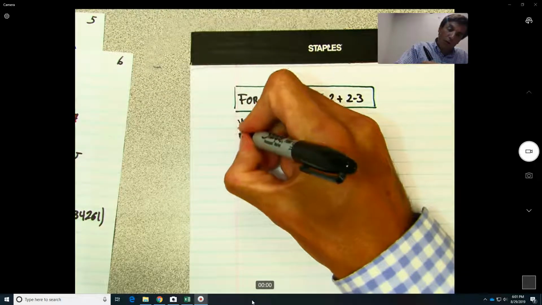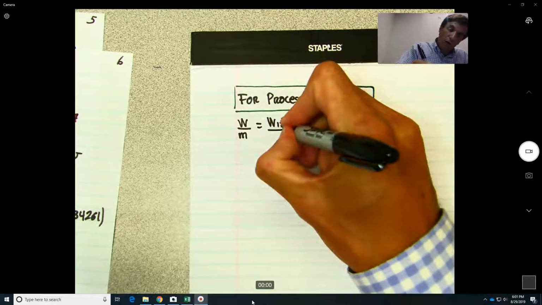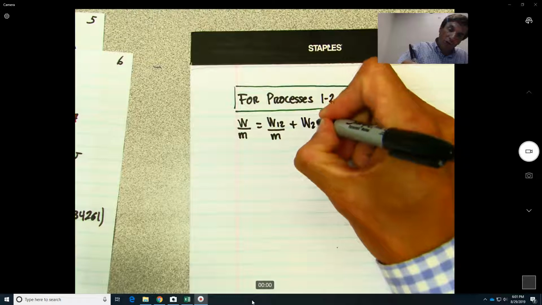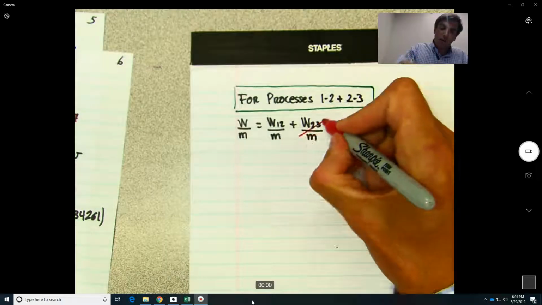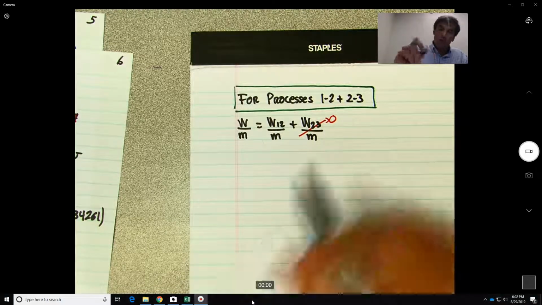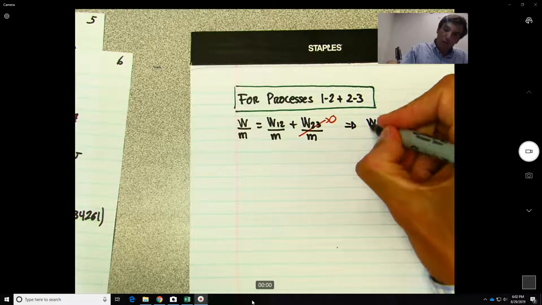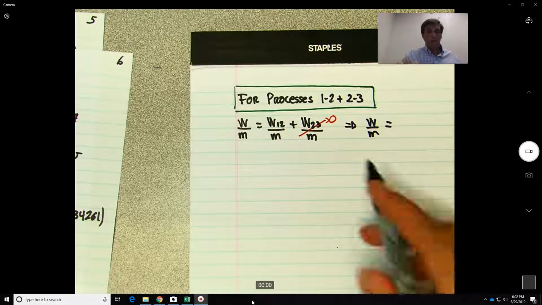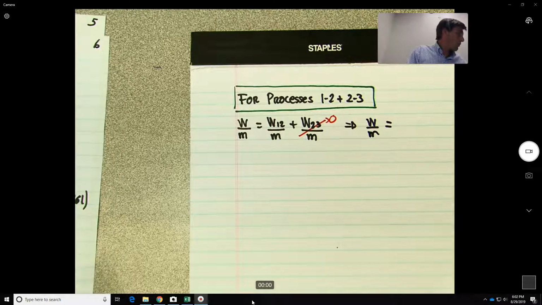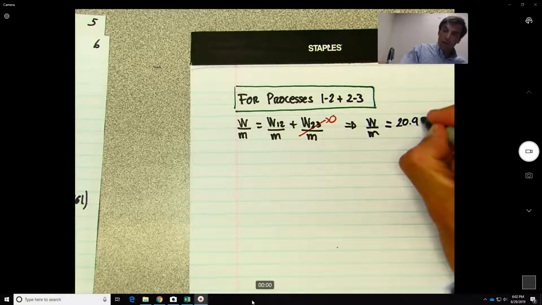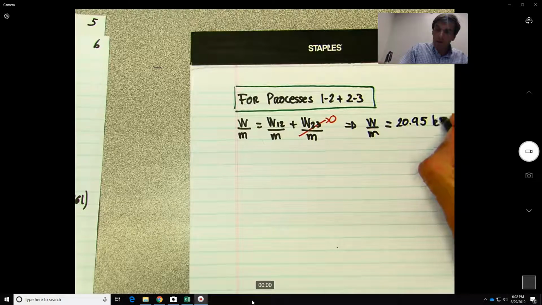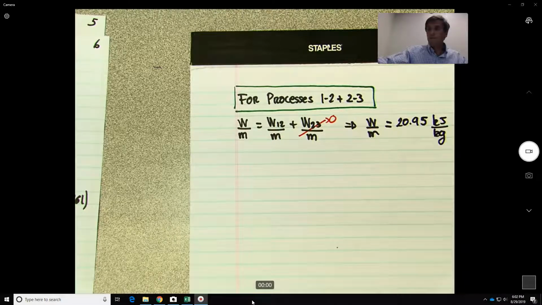Work over M equal work 1-2 over M plus work 2-3 over M. So this one was 0. So we get that the work for the whole process will be equal to whatever we found for work 1-2 over M, and that is equal to, let's see if I can find that information, 20.95 kilojoules per kilogram.